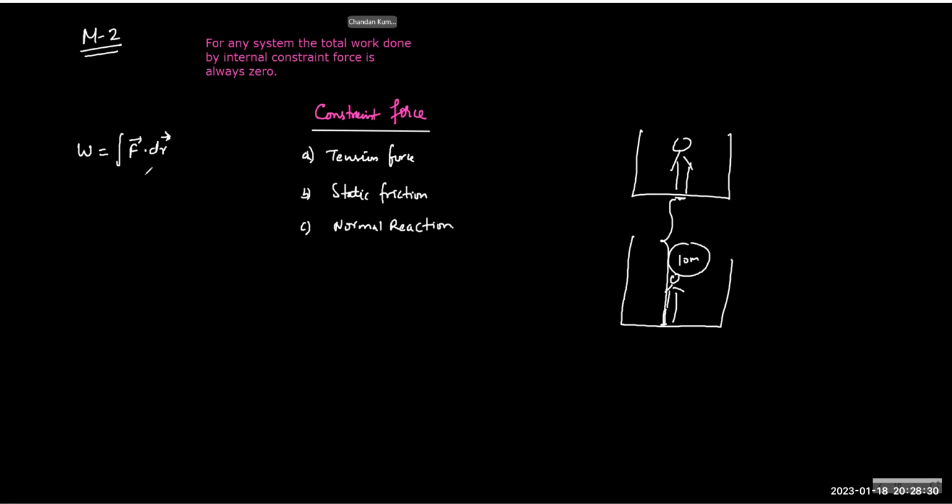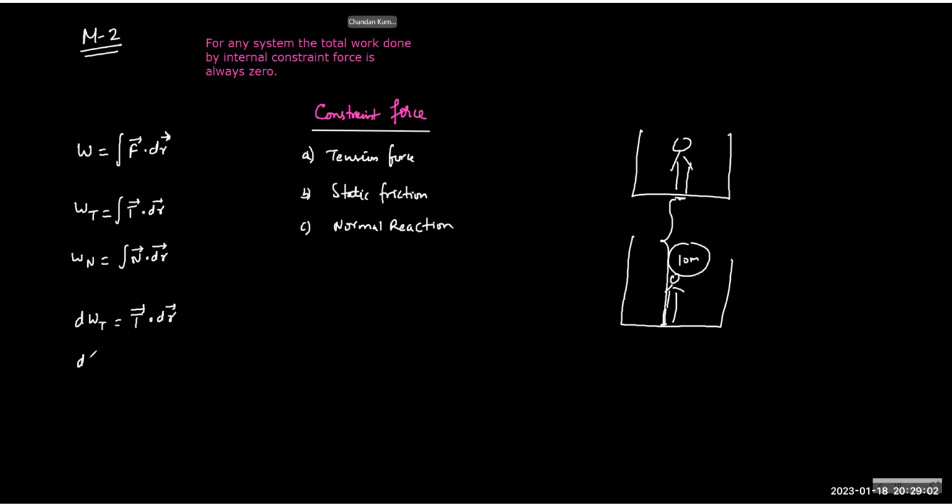So if W equals F dot dr, the work done by tension can be written as T dot dr, and the work done by normal can be written as N dot dr. If I write elementary work, the elementary work by tension is simply T dot dr.